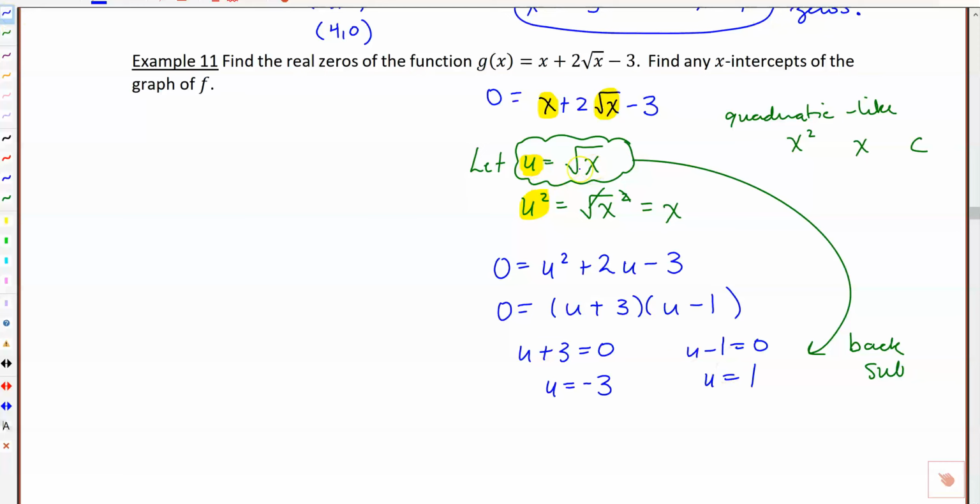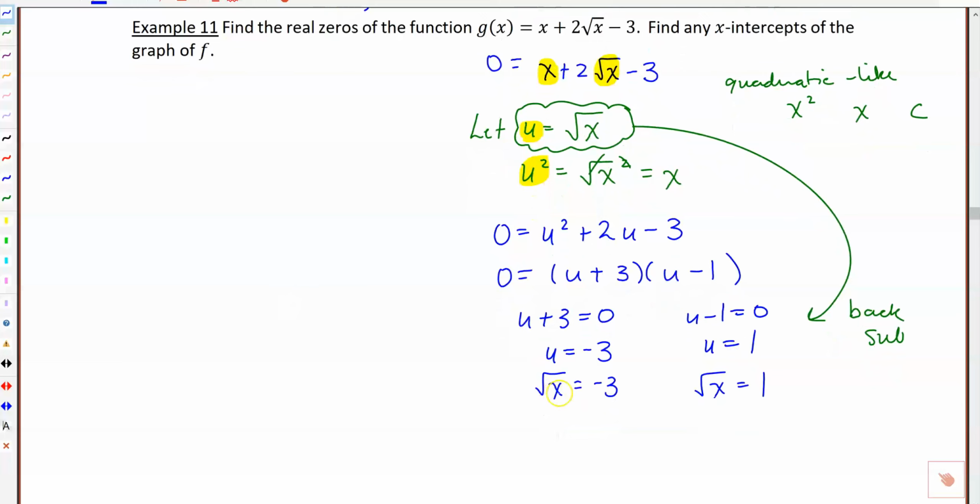So u is equivalent to the square root of x. So as opposed to writing u right here, I'm going to write the square root of x. And as opposed to writing u over here, I'm going to write the square root of x. So I have the square root of x is equal to -3, and the square root of x is equal to 1. Now I would just need to solve those equations.